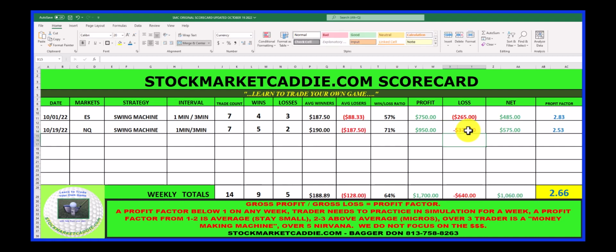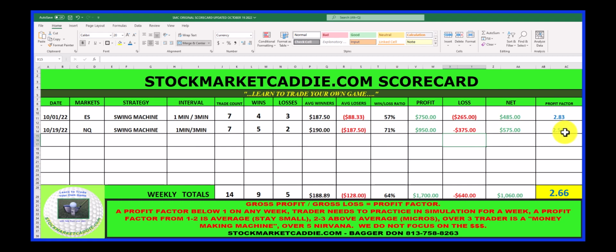Oops, dropped my glasses there, sorry. And you can see it now populates my net, and it tells me my average losing trades. I'm averaging 187.50 on my losers, 190 on my winners, and then it automatically calculates my profit factor.